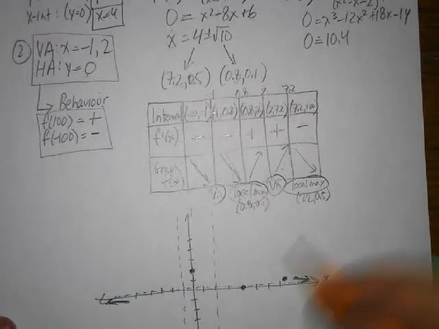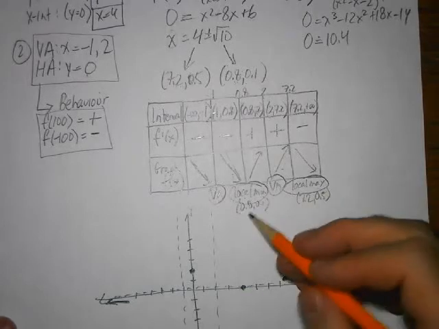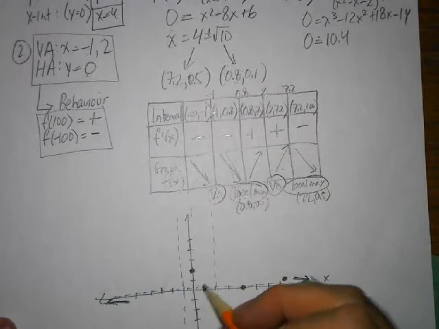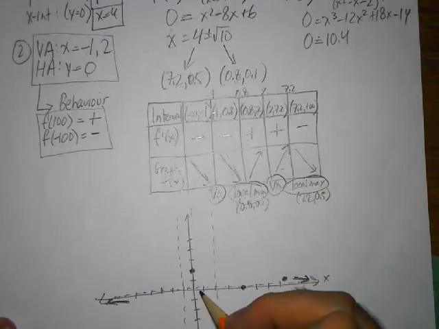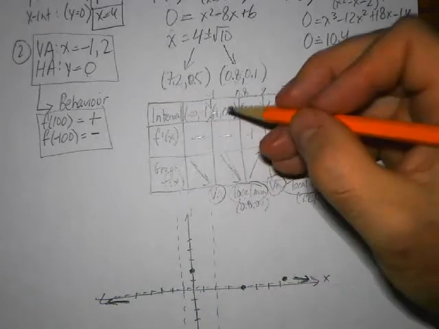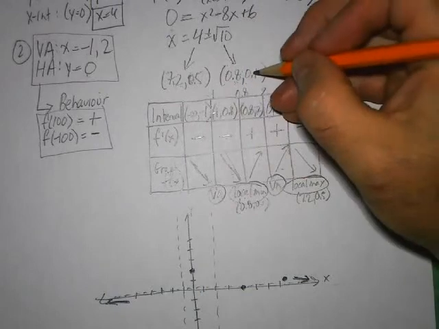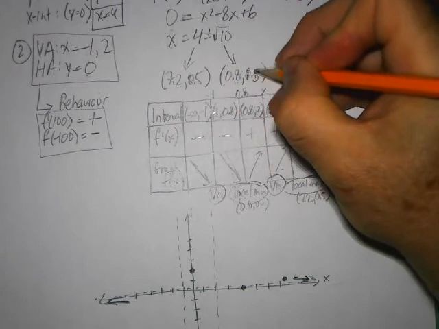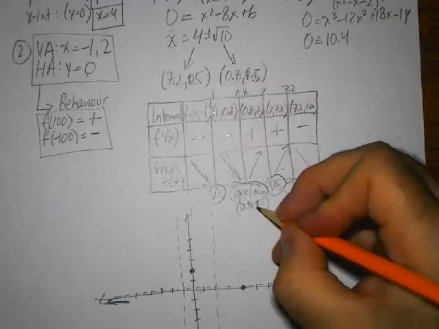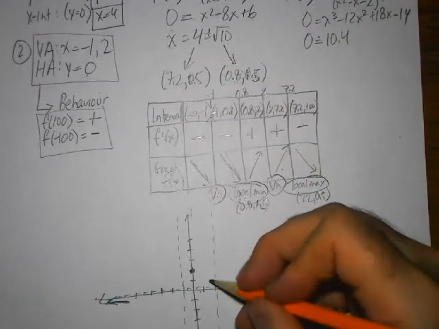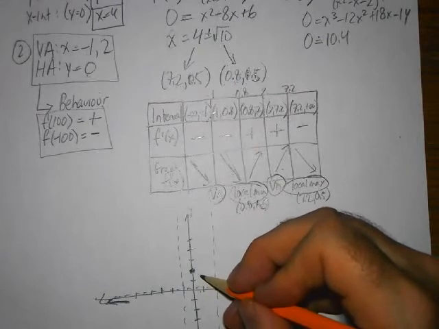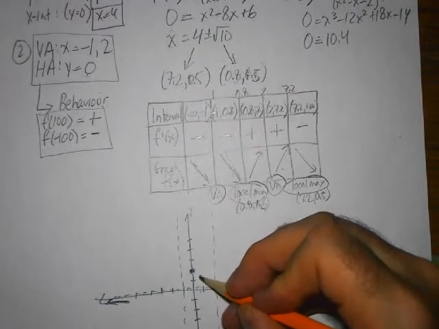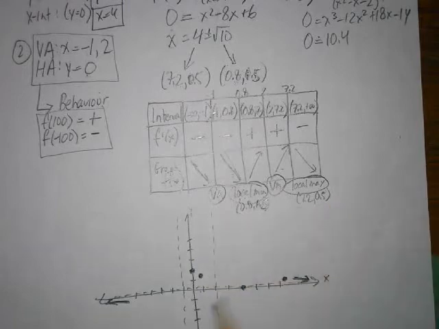And a local min at 0.8, 0.1. Sorry, that wasn't 0.1. That was 1.5. 0.8, 1.5. So that's 0.8 and 1.5 here. Okay, so that's a local min, that's a local max.